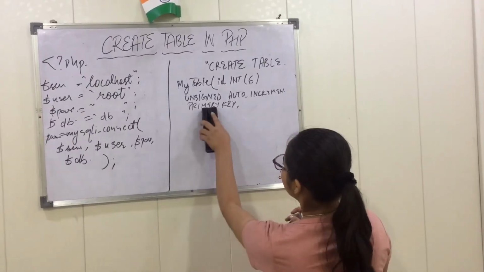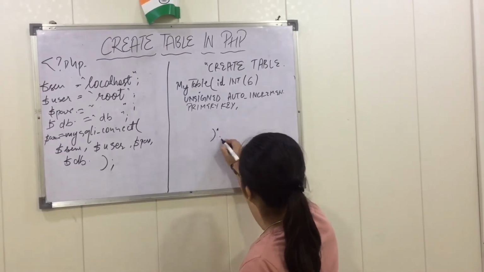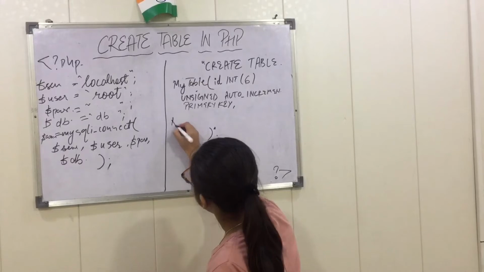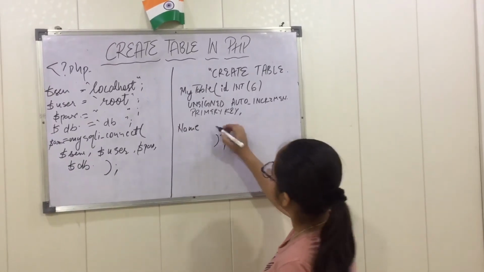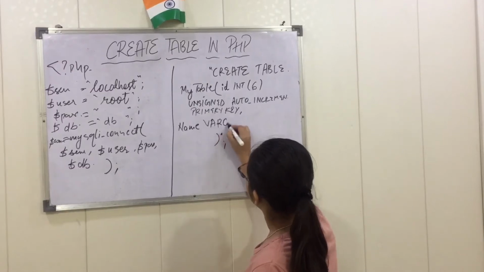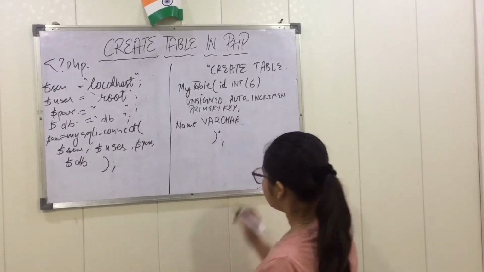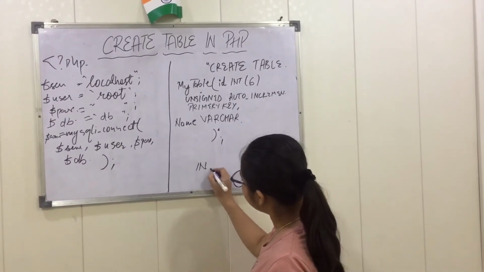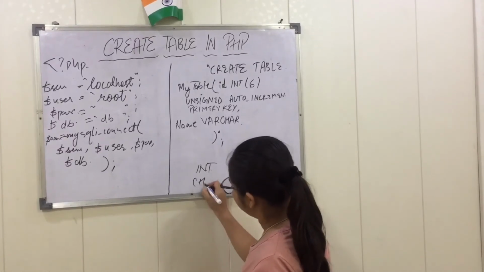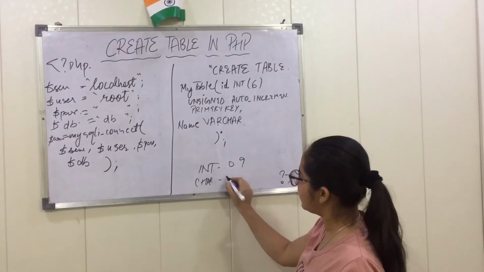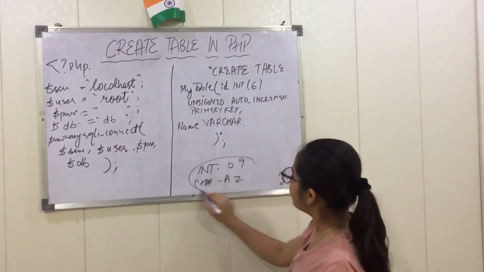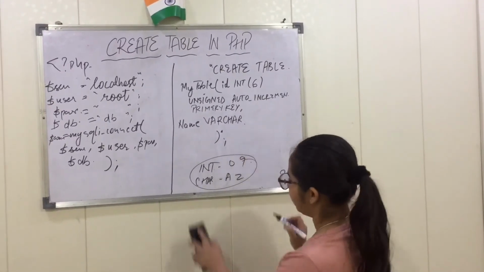So after that, my second field is name, which I want to take as a varchar, which includes both integer values and character values. Integer values are 0 to 9, and the characters are A to Z. So it supports both, that is varchar.